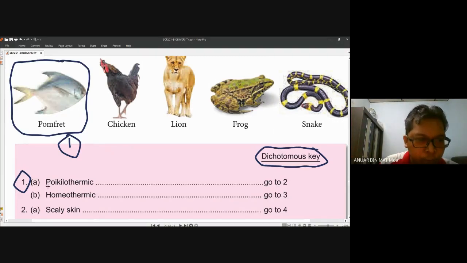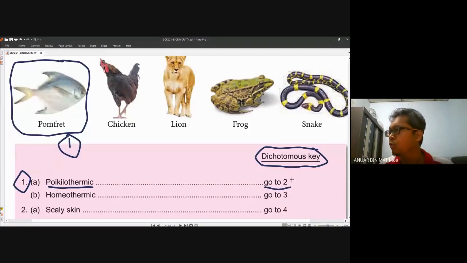So we choose poikilothermic, and then what do we need to do? You go to key number two.